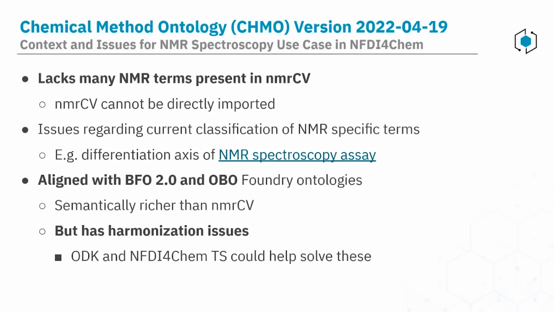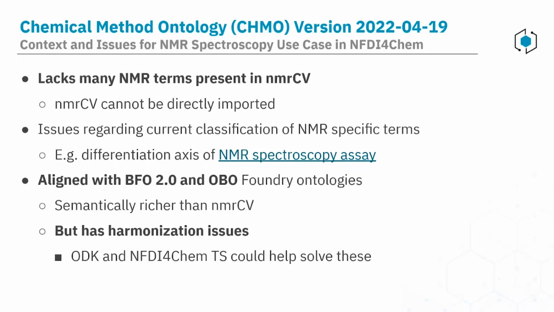So this is unfortunate. And another thing with regard to NMR spectroscopy, as Nora just said, the current branch for the NMR spectroscopy assay could be improved in terms of grouping and sorting, by having the possibility to use object properties to do so.